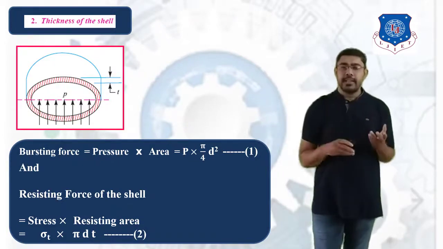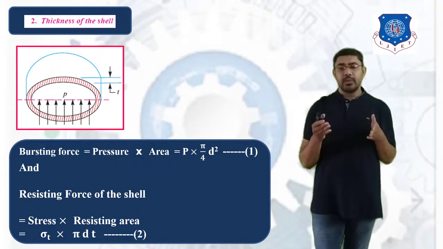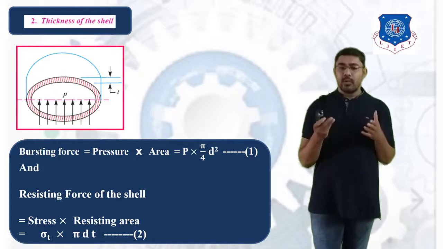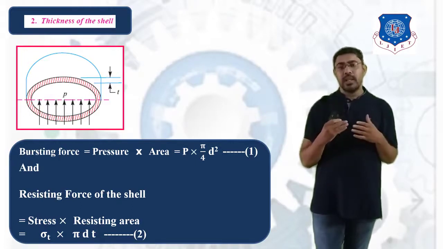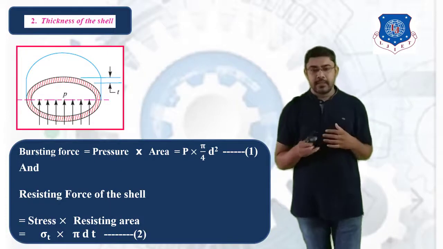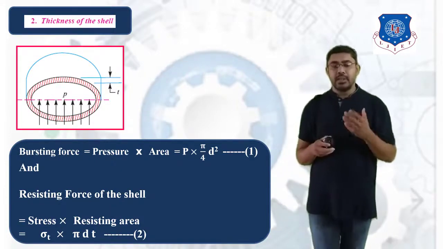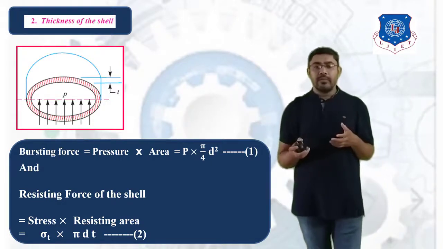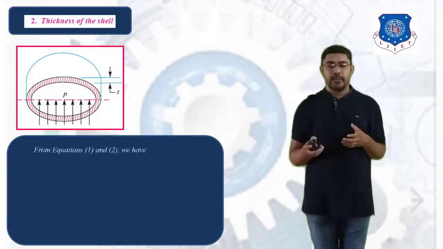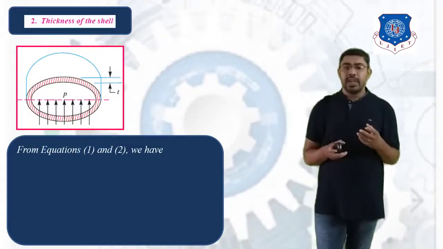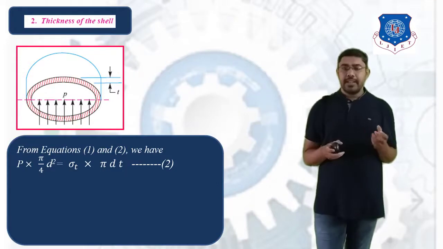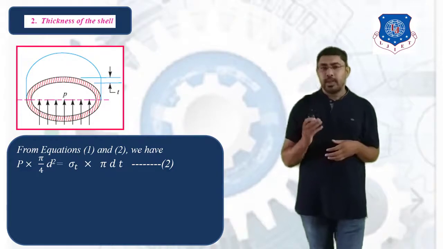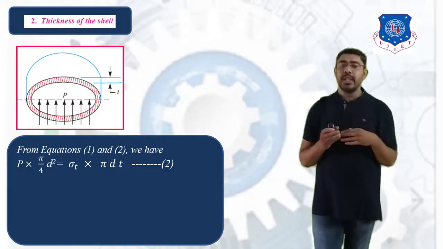As we learned in previous lectures also, we have to equate these two equations, because these two are force equations, and both forces are equal and in opposite directions. So we equate them to get the thickness of the spherical shell. From equations 1 and 2, we get P into pi by 4 d square is equal to sigma t into pi into d into t.